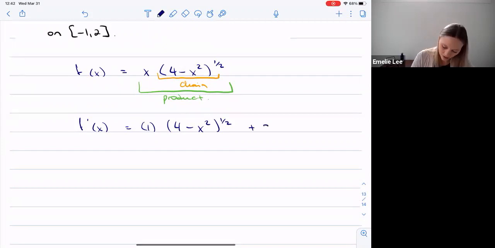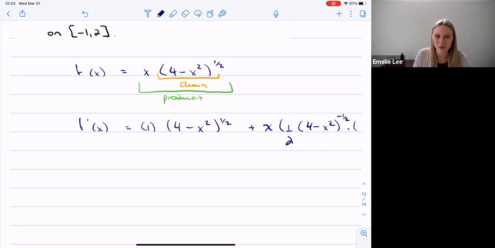And so x times the derivative of 4 minus x squared to the 1/2, which puts me at 1/2, the derivative of the outside evaluated at the inside, times the derivative of the inside, negative 2x. Make sure you don't lose that negative. Bumped myself off the page here.